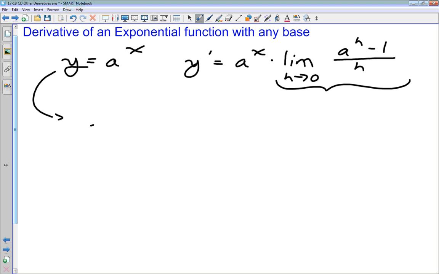I've used this a couple of times before, but if I've got something like e to the exponent ln 2, remember that exponent to some base and logarithm of the same base are like inverse operations. So if I have e to the ln 2, it's like the e and the ln cancel each other out. And my answer is just 2 here.